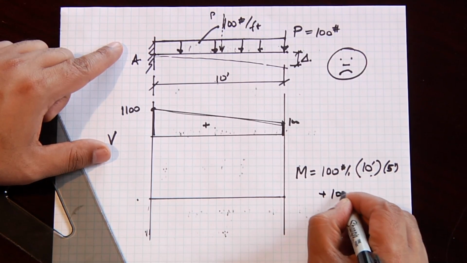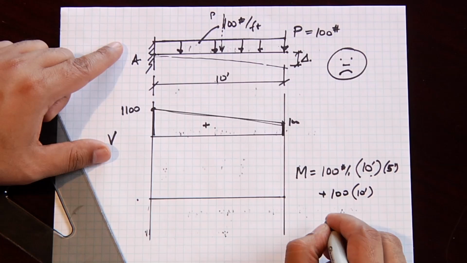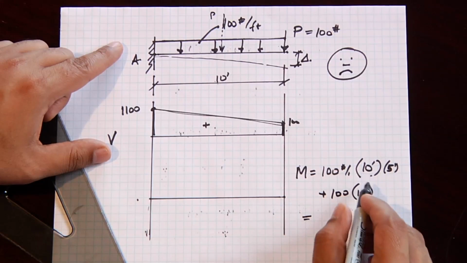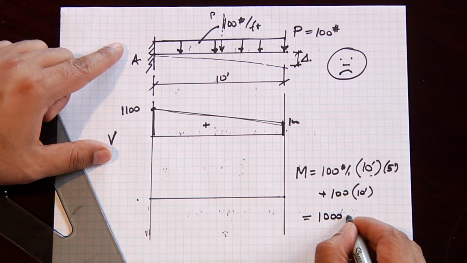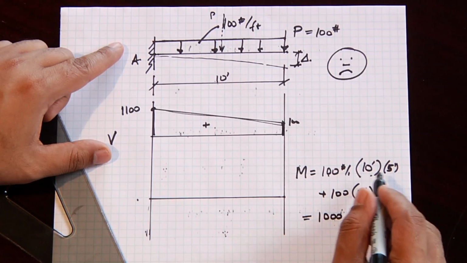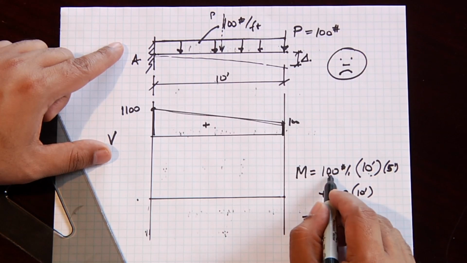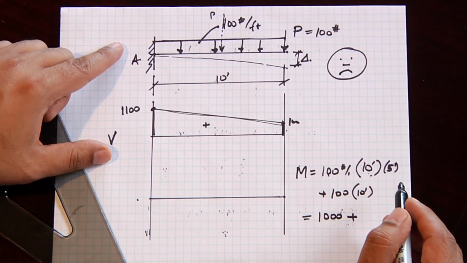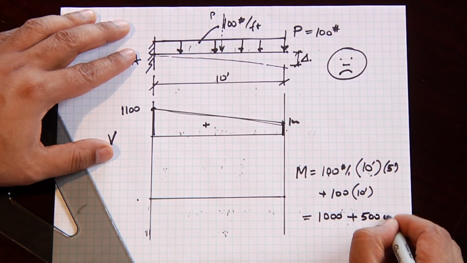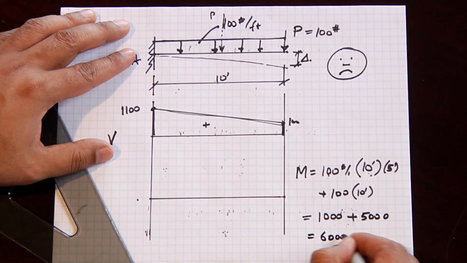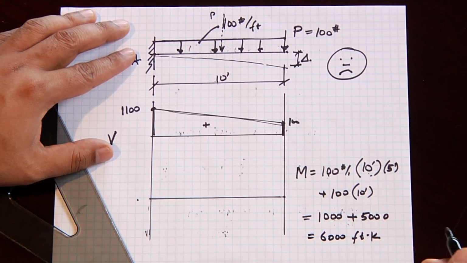And plus 100 times 10 feet. And so this is 100 times 10, which is 1,000, times 5, which is 5,000, plus 100 times 10, which is 1,000, which is equal to 6,000 foot kips.